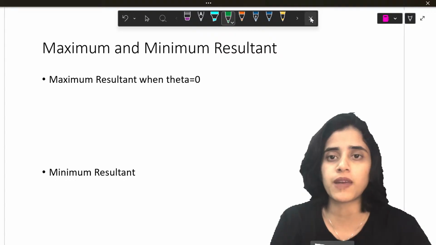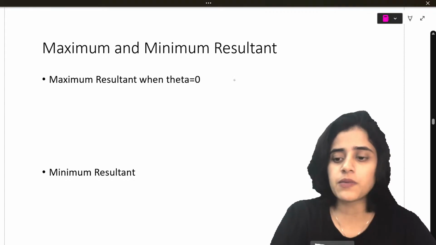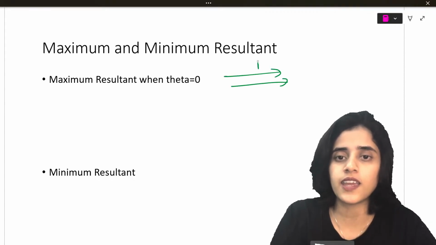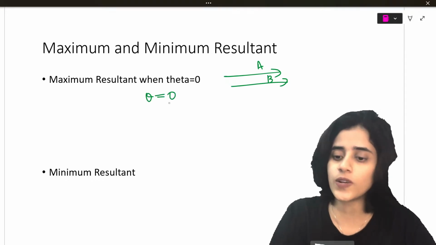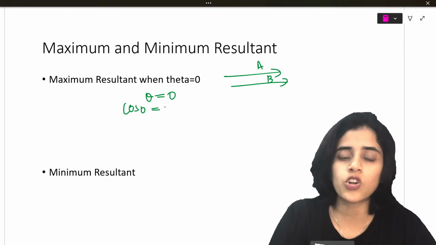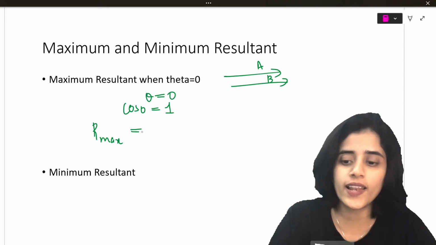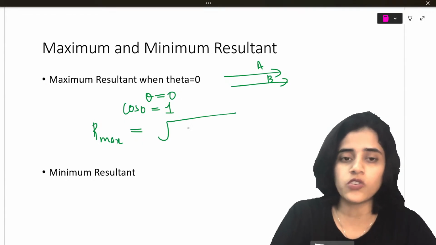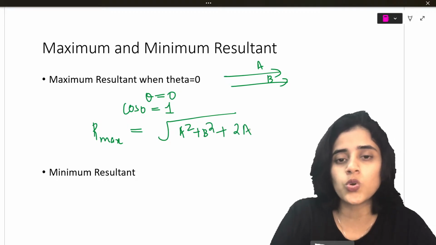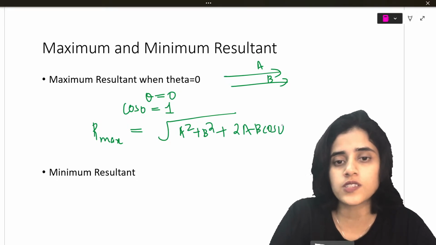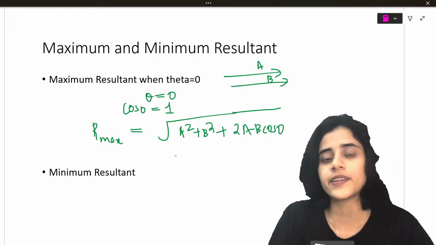Now let's look at minimum and maximum resultant. When do we have minimum and maximum resultant? So maximum resultant is when you have two vectors A and B, and they're parallel to each other such that theta is equal to 0. So what will we get? Cos 0 is 1. So the maximum resultant will be square root of A square plus B square plus 2AB cos 0. 2AB cos 0 is basically 2AB.